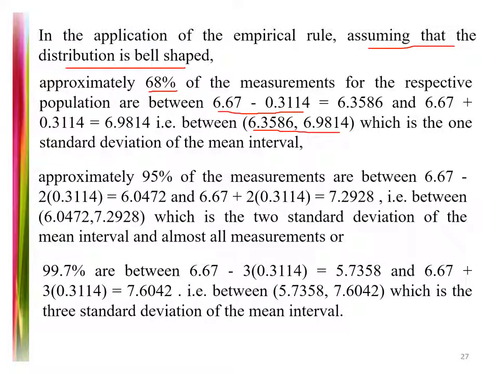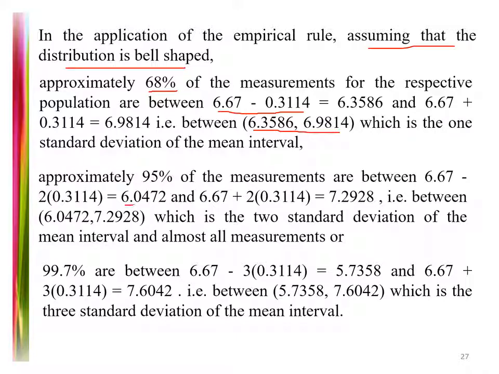So 68% of the measurements lie in that interval. Approximately 95% of the measurements are between 6.67 minus 2 times 0.3114 and 6.67 plus 2 times 0.3114, which is the two standard deviation limit.